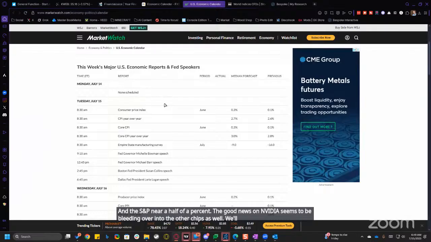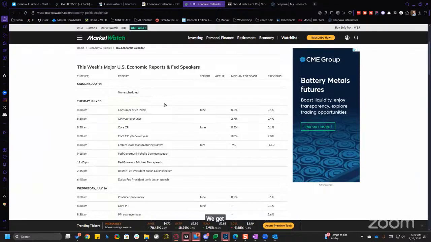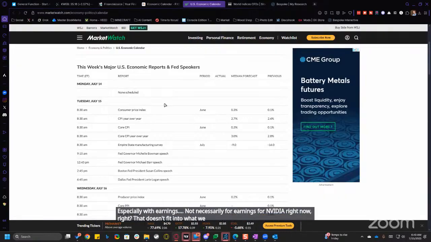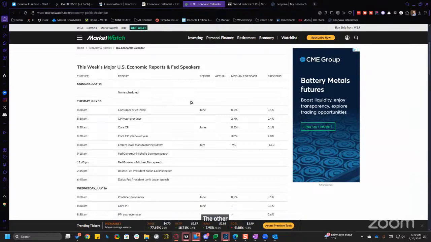We'll see how much we get out of that. But this is really good news, especially with earnings, not necessarily for earnings for NVIDIA right now, right? That doesn't fit into what we've got. But the other companies that are going to be reporting that connect with NVIDIA.